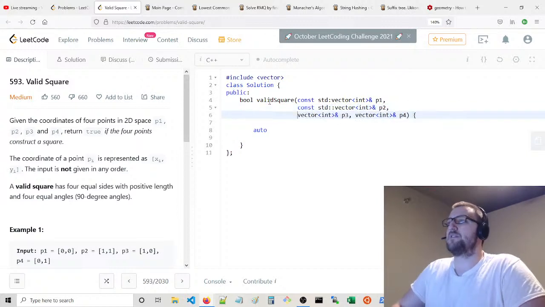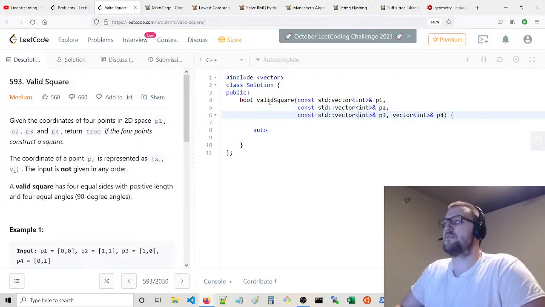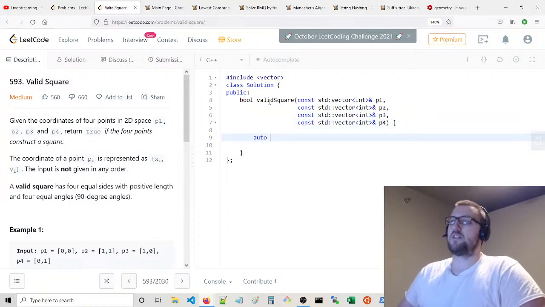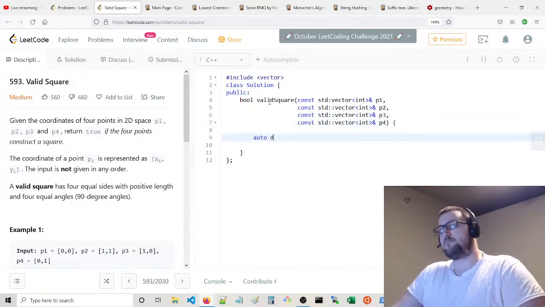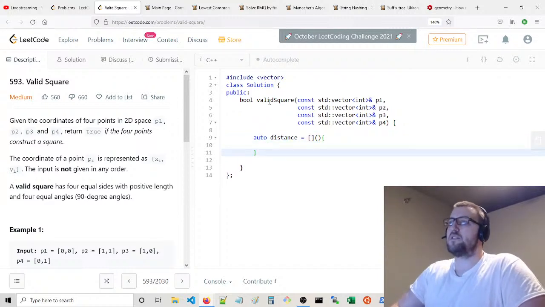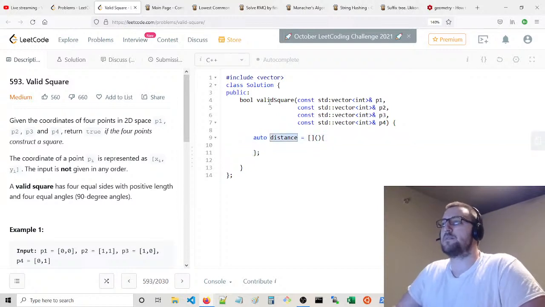Remember to do that. Okay, so first we want distance, which is not really the distance, but the length. It's probably the length of a vector.